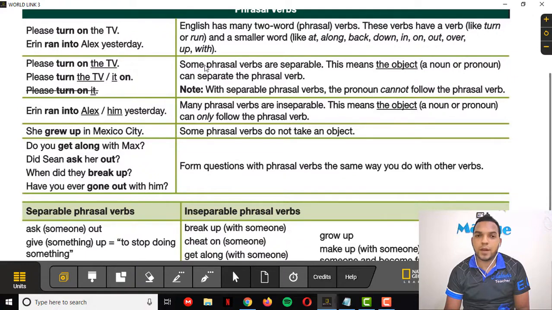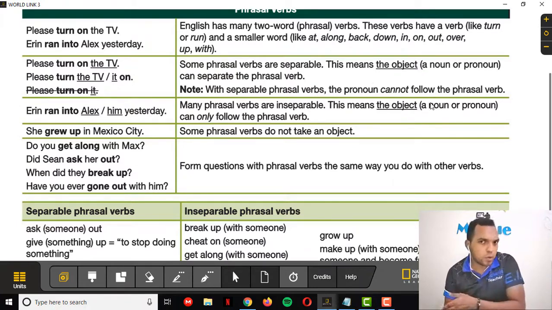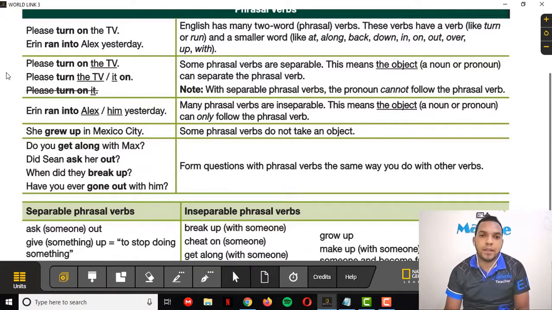In the next part here, some phrasal verbs also are separable. All right, this means that the object, a noun or a pronoun, can be placed inside the phrasal verb. So I say, please turn on the TV, or please turn the TV on, or turn it on.